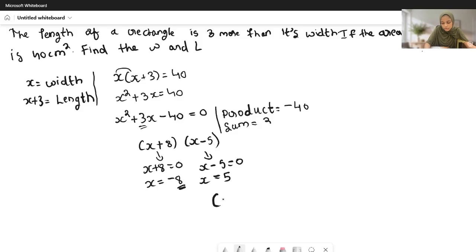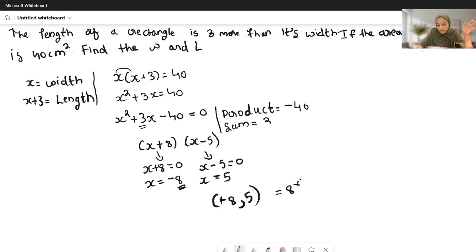So we got two numbers, minus 8 and positive 5, but the thing is that the question is 40 centimeters, and there is a minus here, so we can't use the negative. We can make it positive, then only it will work.